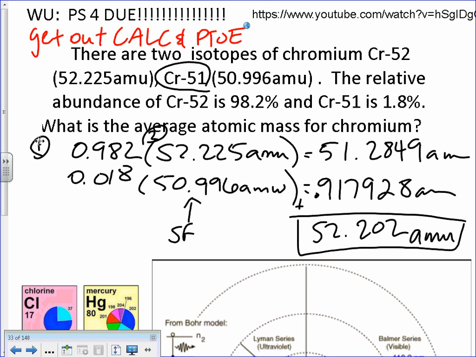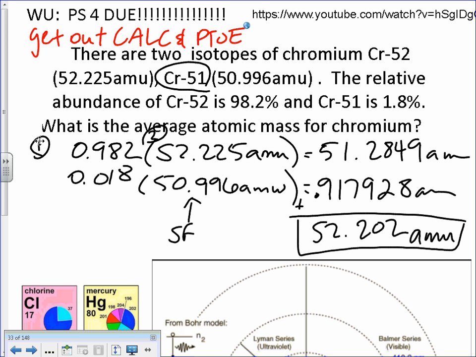Oh no, that's what we just did. I'm assuming that I have demonstrated how to do taking percents, multiplying by the specifics, and then adding up that final isotopes. This one, you have 3 isotopes of silicon and their average masses. So same process.